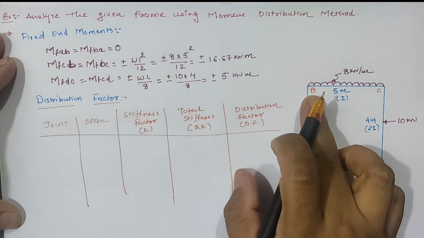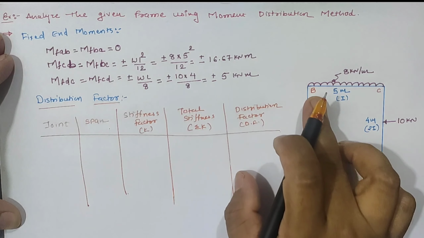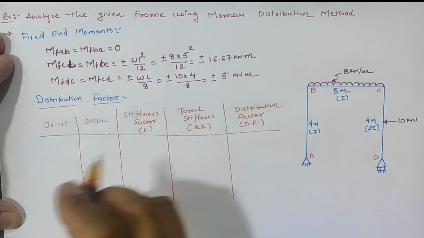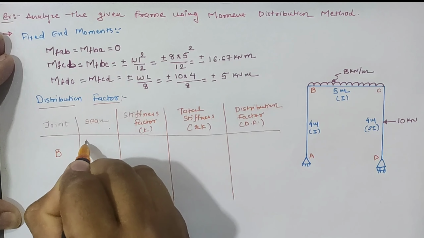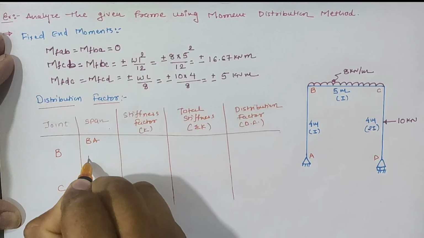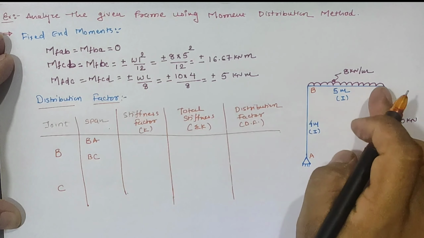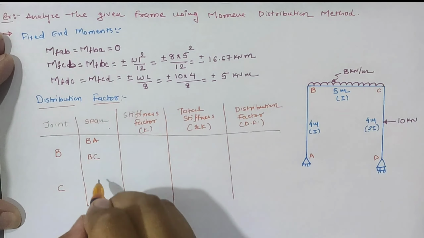So we have to calculate the distribution factor for joint B and joint C. For joint B, the spans are BA and BC, and for joint C, the spans are CB and CD.